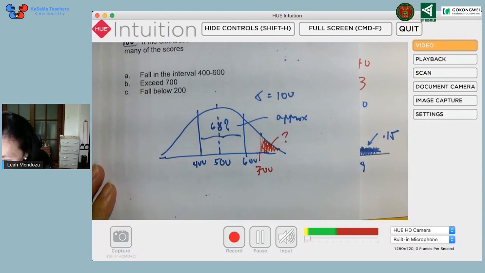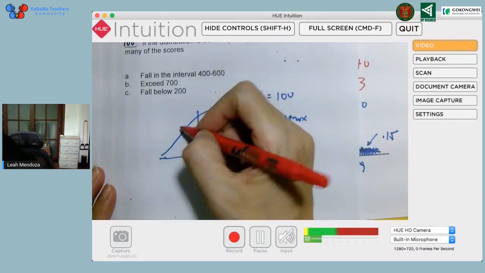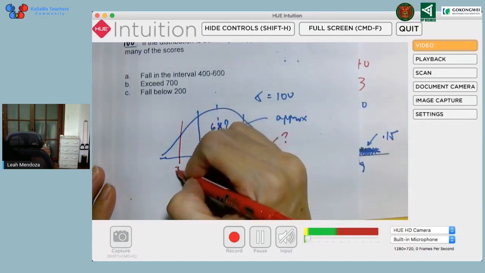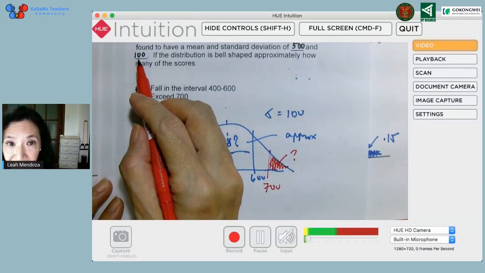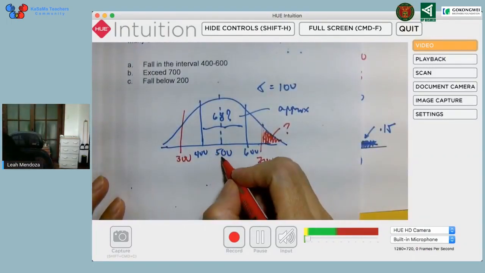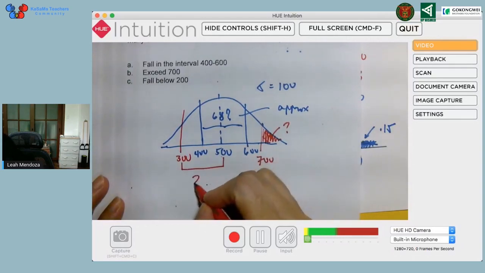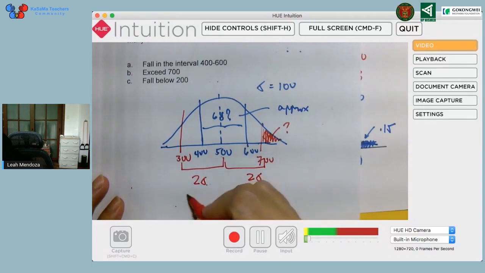Note that the other one here would be 300, right? If one standard deviation is 100, so 300, this is already 2 standard deviations, and this one is already 2 standard deviations. So what lies here?